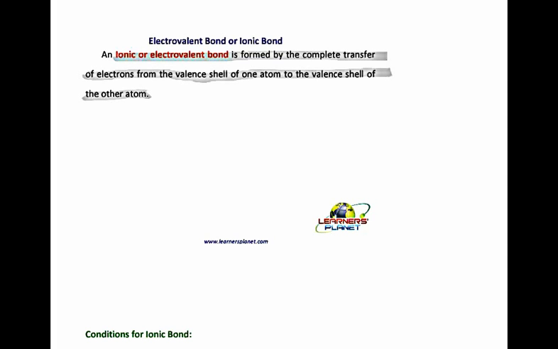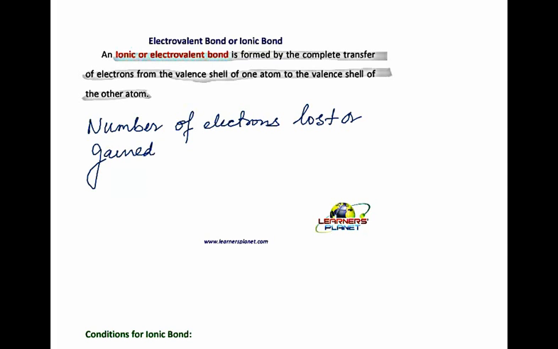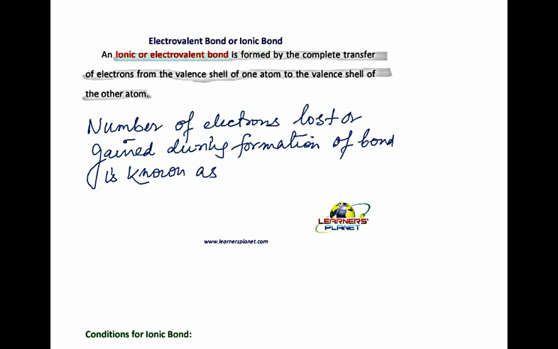In this case, we can say that the number of electrons lost or gained during formation of the bond is known as electrovalency.